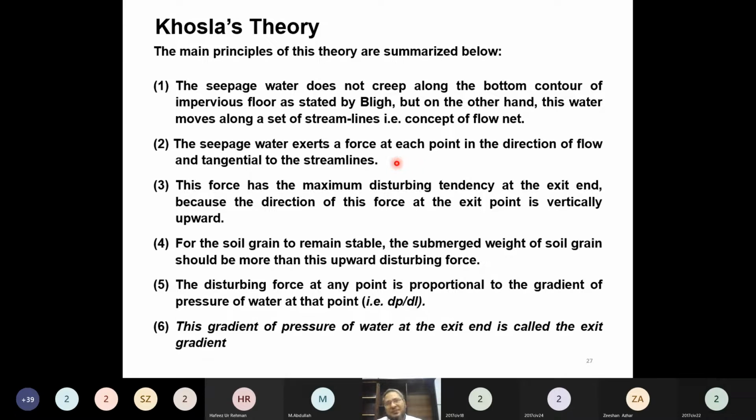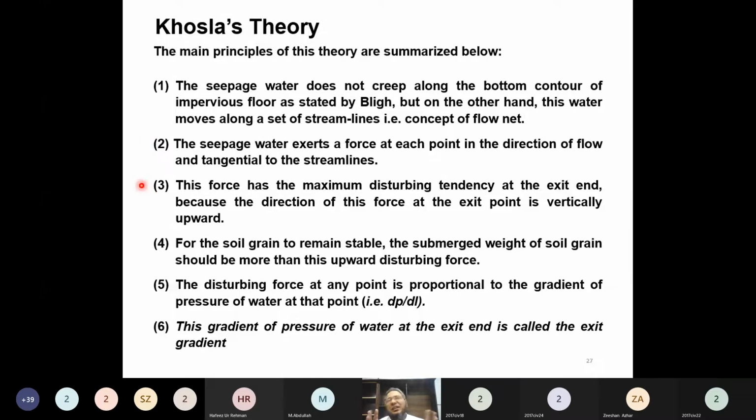So when the water seeps in the porous medium, it applies a force in the direction of motion. So if you want to know the direction at any point, then on a streamline, just draw a tangent. Okay. So a seepage force is being exerted by the water when it flows.